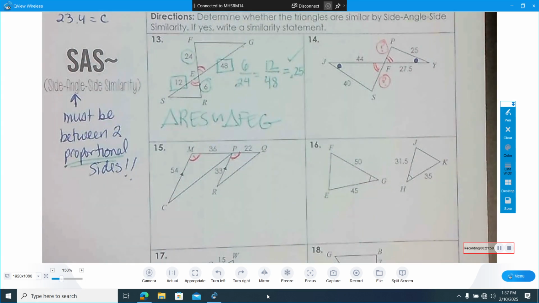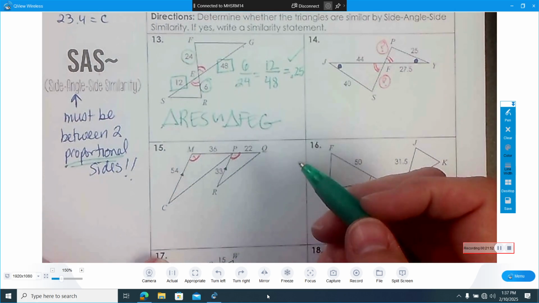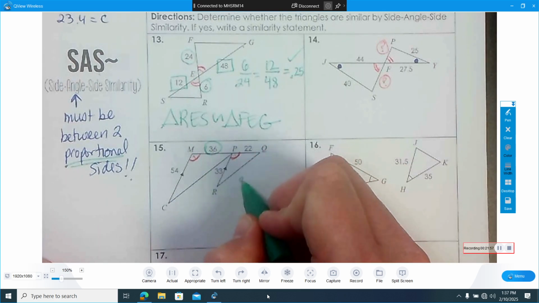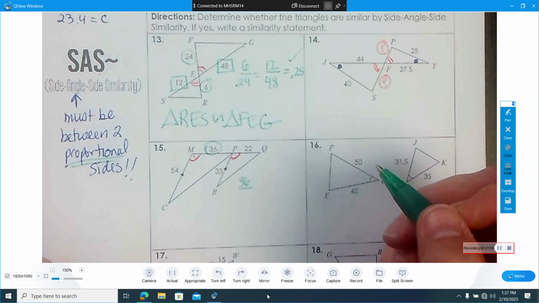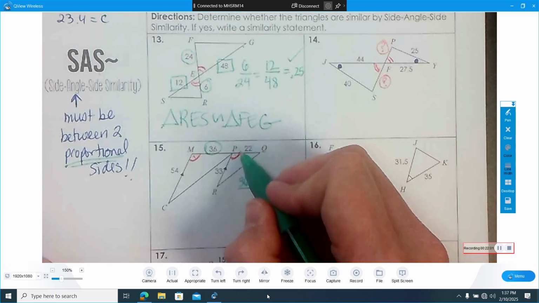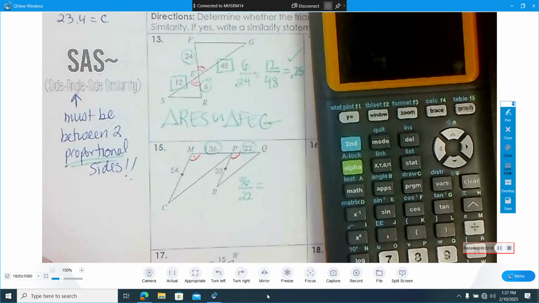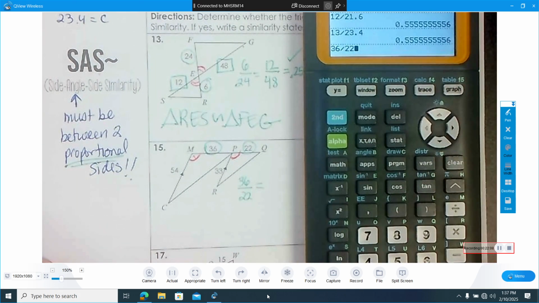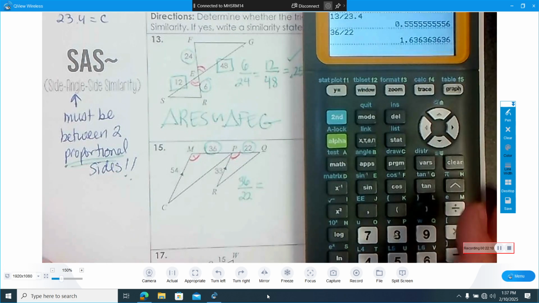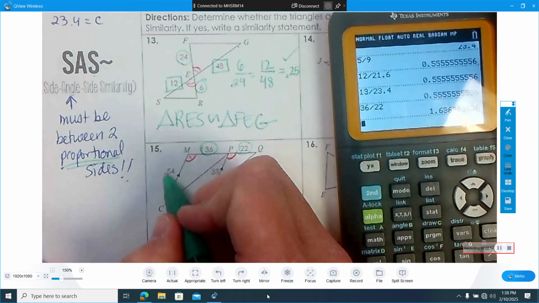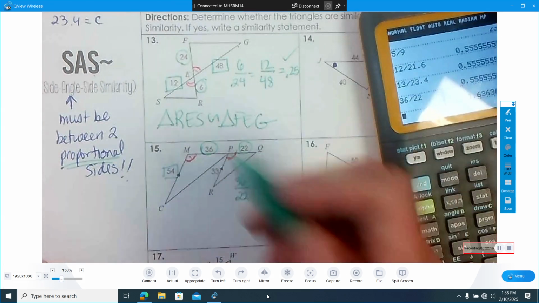We've got those sides, so let's compare. 36 compares to 22. All right, what is that? 36 over 22. And then what else do we need to compare? 54 over 33.